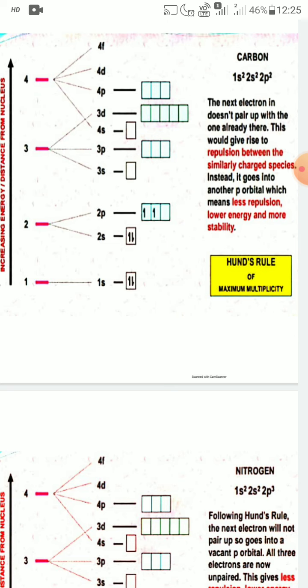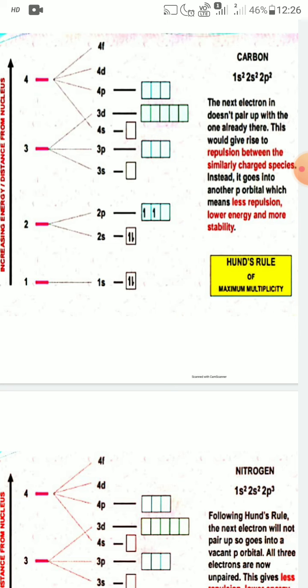The next electron in the 2p orbitals does not pair up with one already there, because this would give rise to repulsion between the similarly charged species.